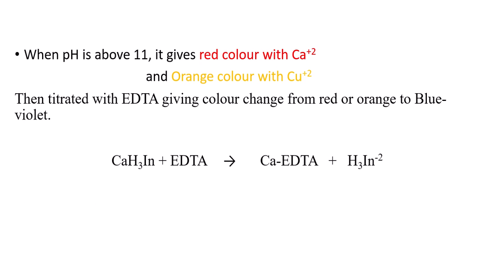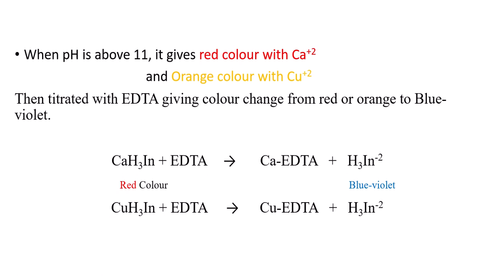The reaction given is calcium indicator reacting with the titrant EDTA, giving calcium EDTA complex and H3In-2, which is blue violet color, and initially, because of the calcium indicator complex, it is red color with calcium. If we take copper instead, then it has orange color, which changes to blue violet.